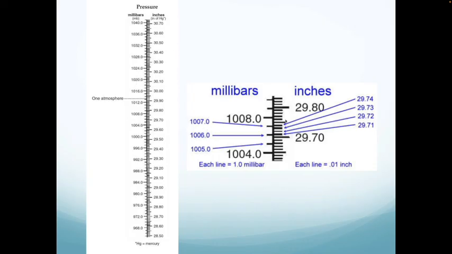All right, so notice in between here, the big lines would go up in increments of 0.1, and then each of the little lines would be 1/100th of an inch of mercury. Or on this side, you'll notice the millibar side, they increase by 1 millibar for each level. So pay attention to your scales as you are reading these if you are given one on an assessment.